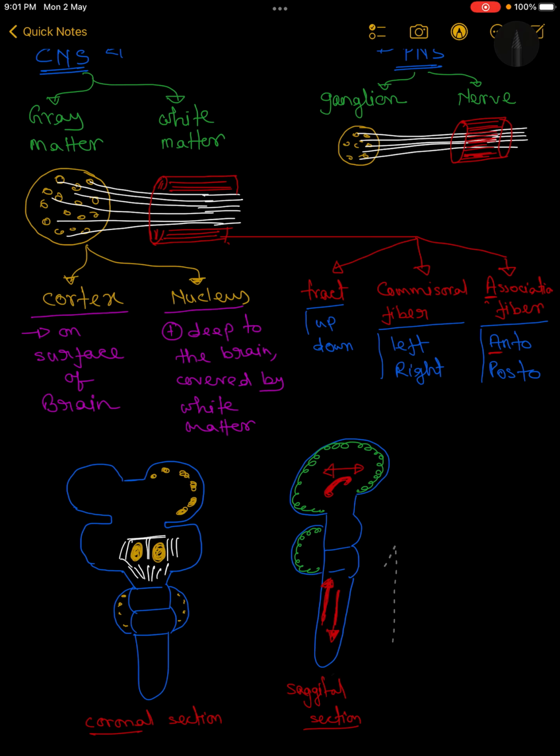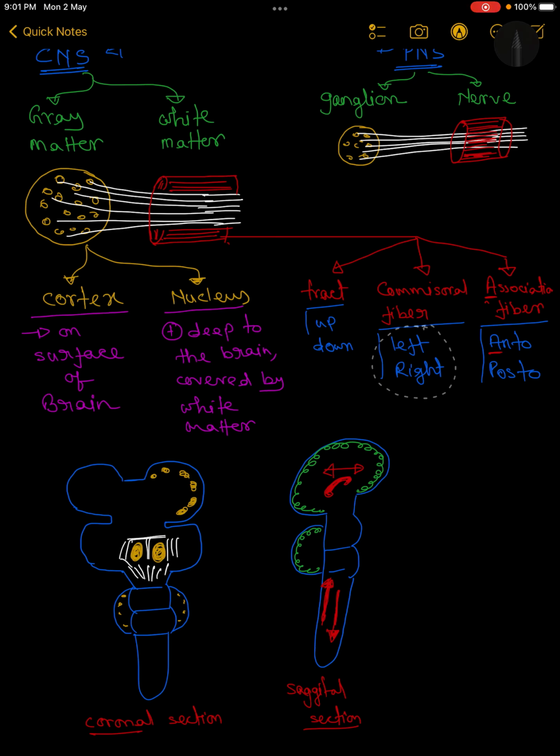If it is going upward, it is known as an ascending tract. If it is going downward, it is known as a descending tract. Second is commissural fiber. This is when the white matter fibers are going from left to right.